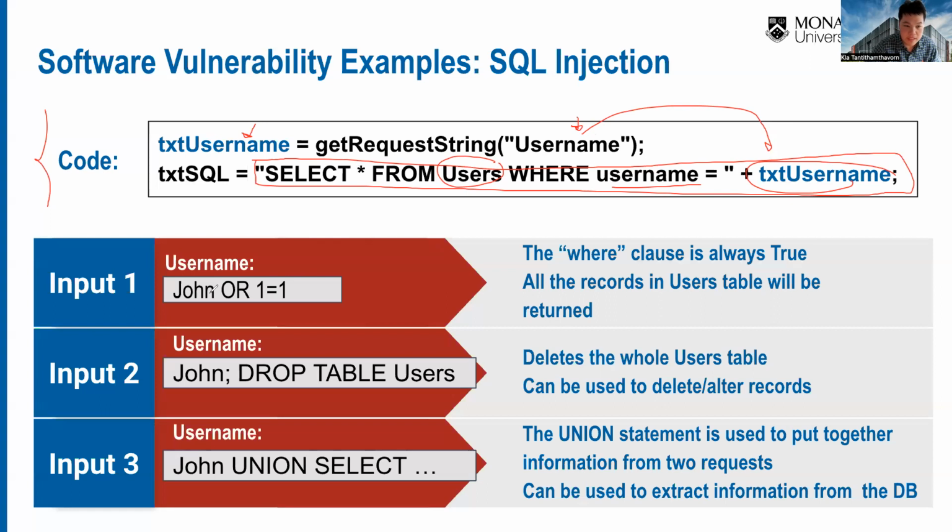Let's say we input the username as John or 1 = 1. Then the where clause is always true. Where username equals John, or 1 = 1, returns true for this boolean predicate. It means that all records in the users table will be returned.